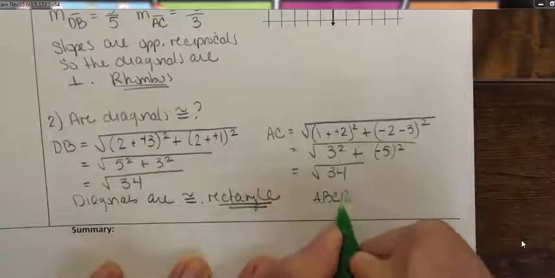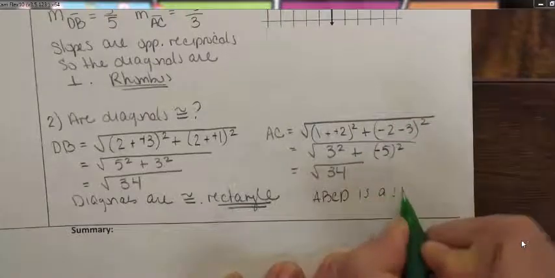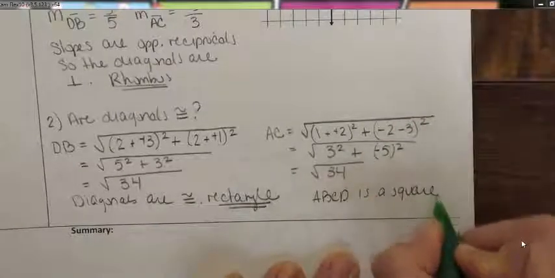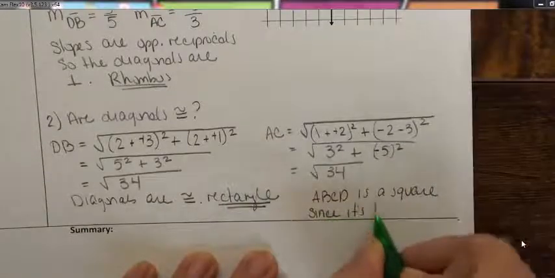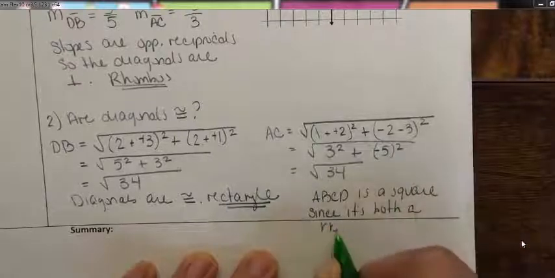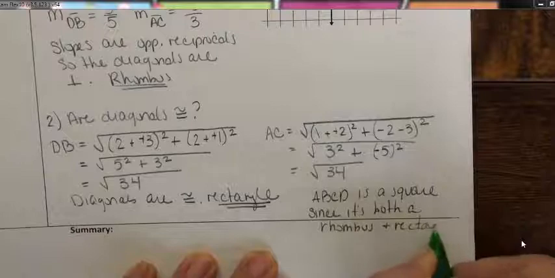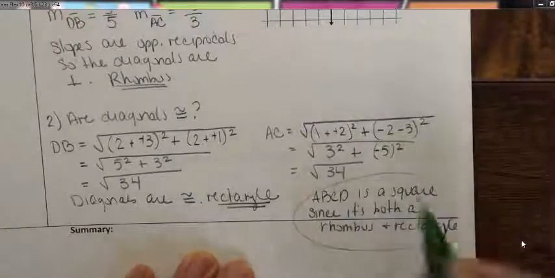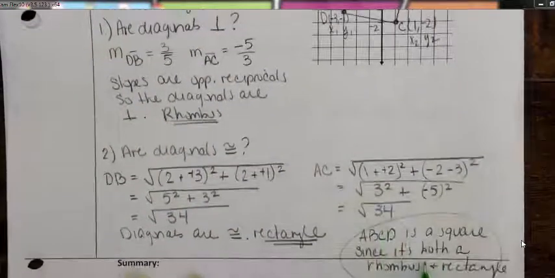ABCD is a square, since it's both a rhombus and rectangle. And I'd have to prove it, so you've got to go through the steps here to prove that it is in fact a square.